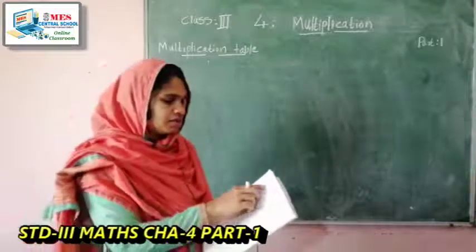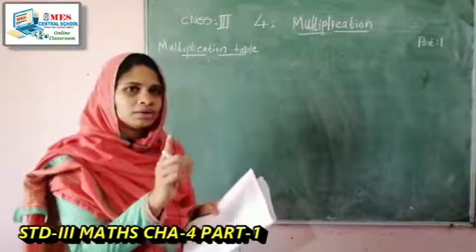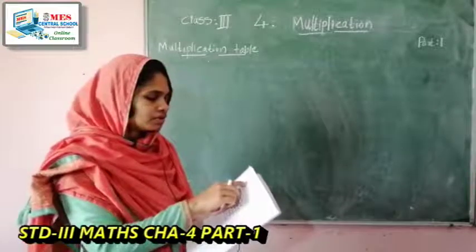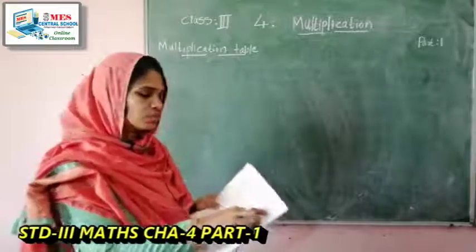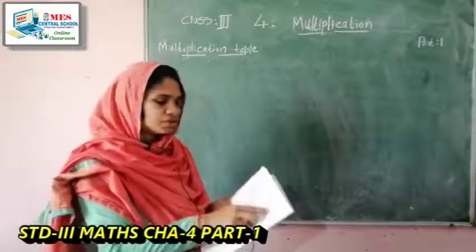Yes, in the first column there is only 1 leaf. There are 6 petals, that is 1 6 is 6. Next one, 2 6.